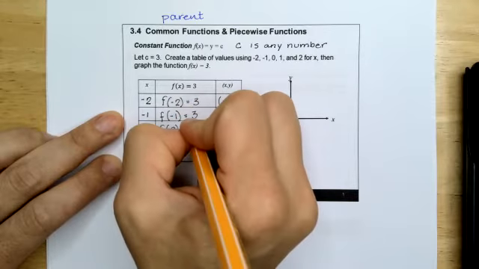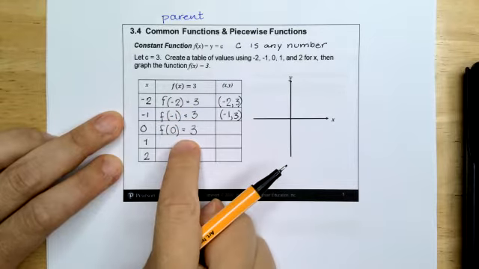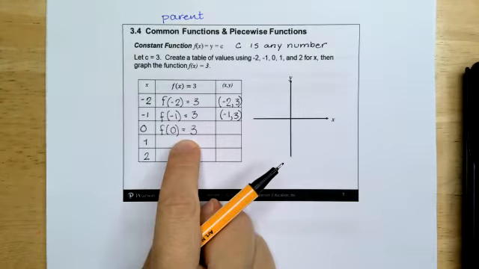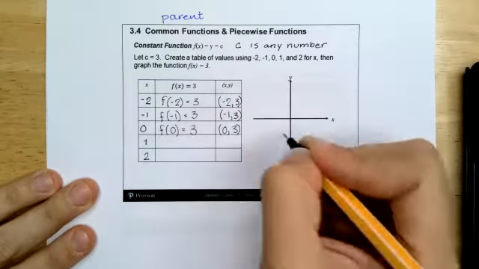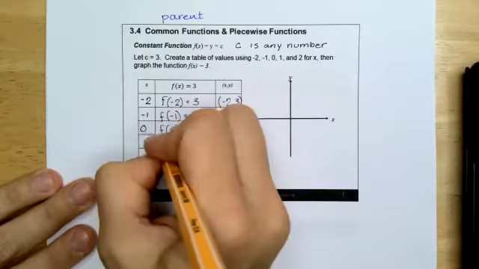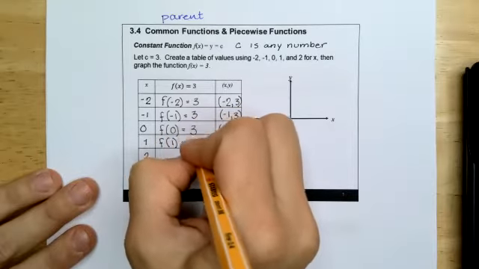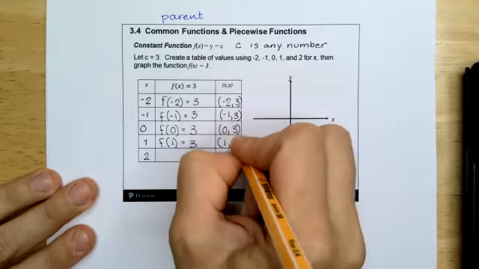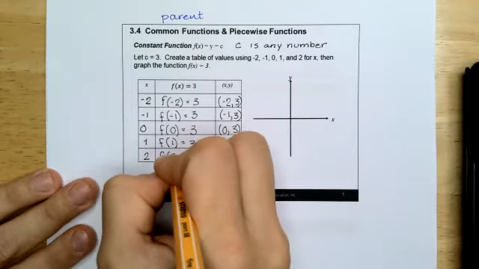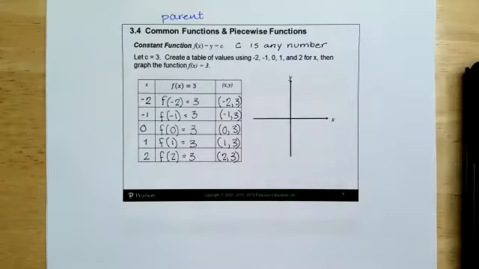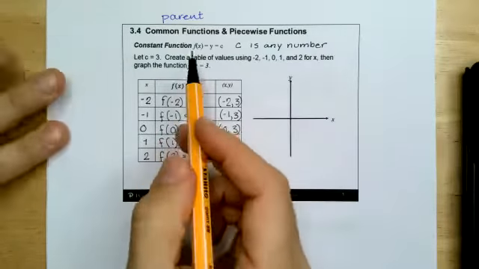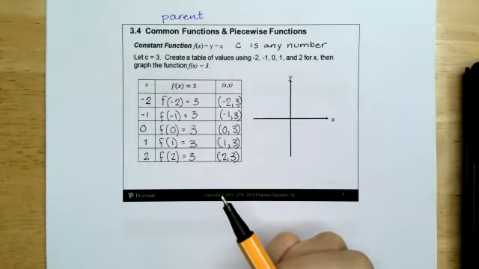No matter what x value, there's no x to replace, input into the equation. So your y remains the same. -2, 3; -1, 3; 0, 3; 1, 3; 2, 3. So a constant function, f of x equals a number, is a horizontal line.